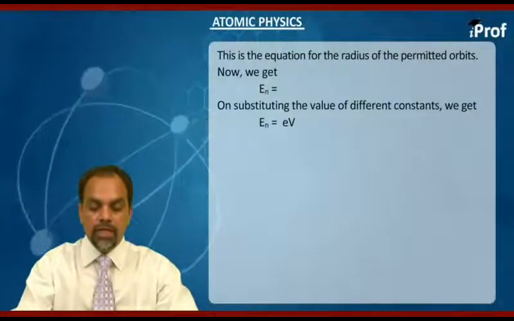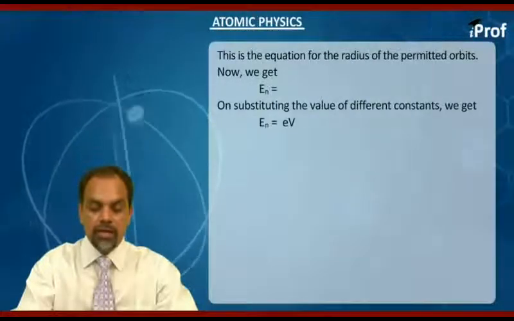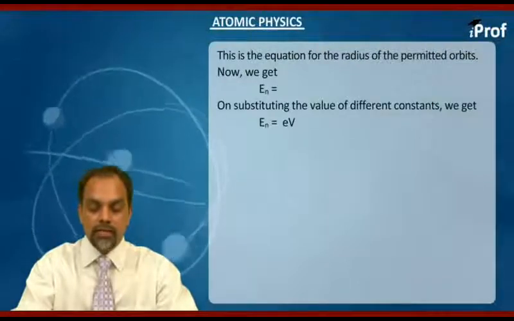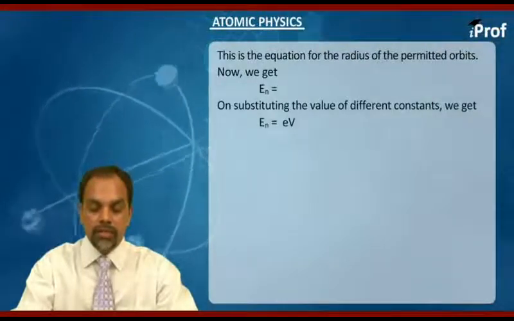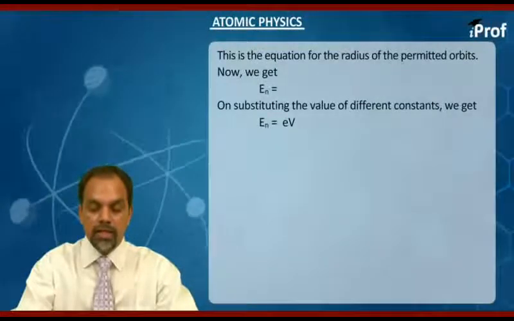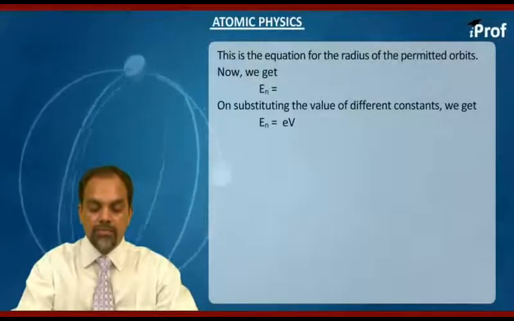Now when we substitute this value of r in the expression for energy, we get the final expression for energy, equal to m Z square e to the power 4 divided by 8 epsilon naught square n square h square.